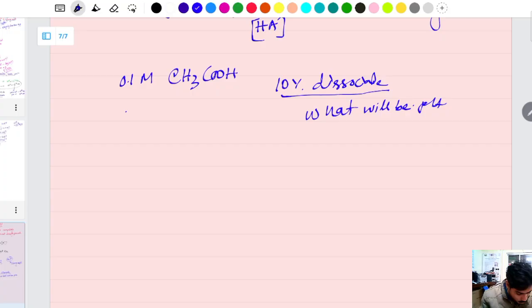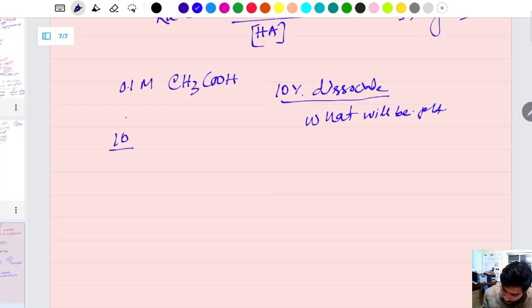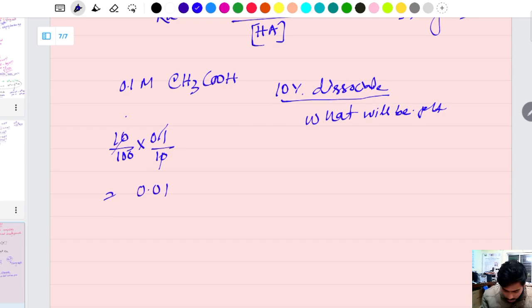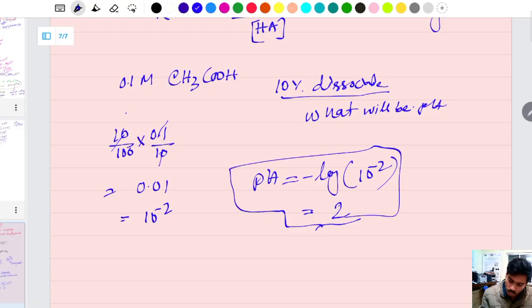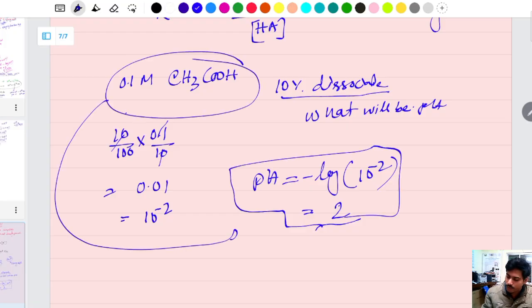You can easily do it: 10 by 100, 10% into 0.1 molar, it means 1 by 10. So it will be 0.01, or you can say 10 to the power minus 2. Okay, pH equals minus log of 10 to the power minus 2, so it will be 2. So the pH of 0.1 molar acetic acid will be 2.